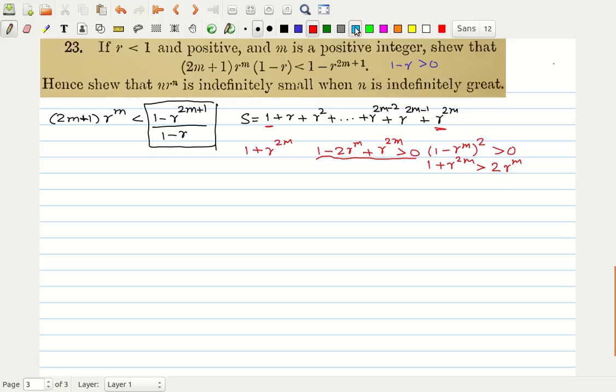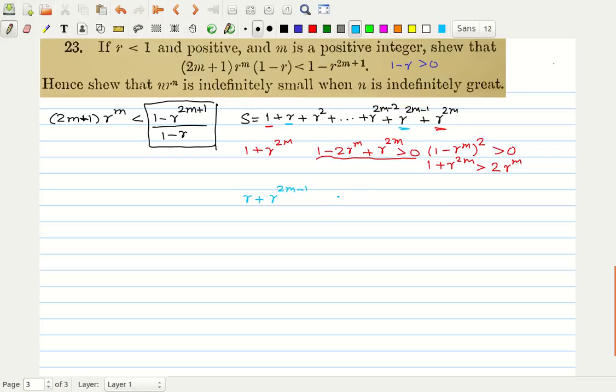Now, as another example, let us consider r, that is the second term and the second last term. So this one I can write as r plus r to the power 2m minus 1.